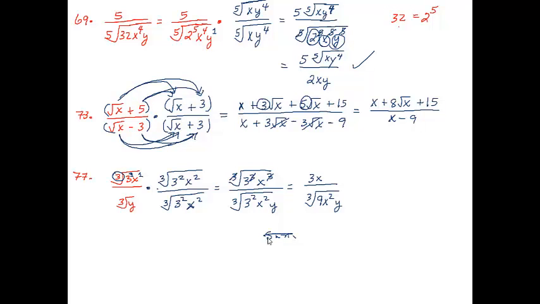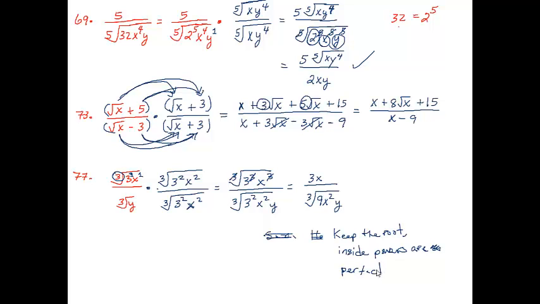So you're going to keep the root, and you're going to multiply it by something so that the inside powers are perfect.